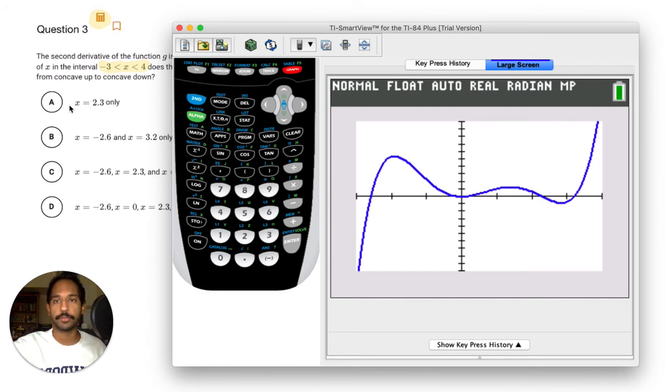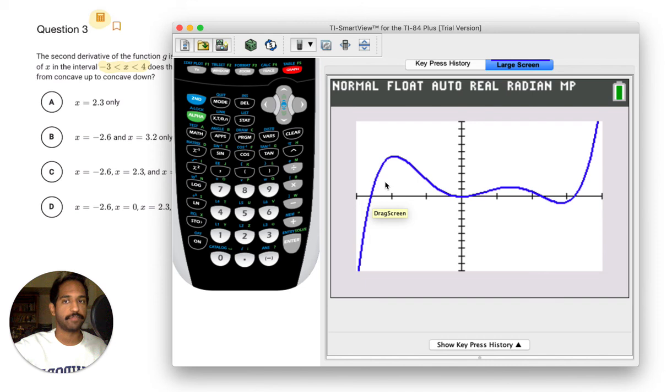So I look through my options. B can't be right because none of those are 2 point something. And then I see C and D also include -2.6. At -2.6, which is right here on the left, I see that it does change, but it changes from negative to positive. That means the original function changes from concave down to concave up.